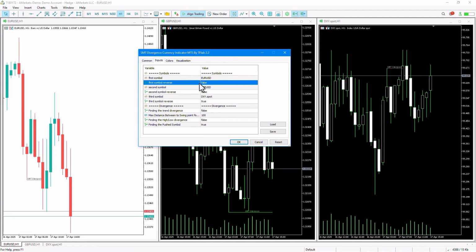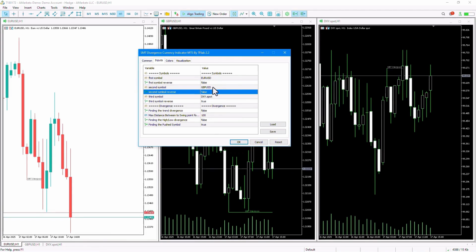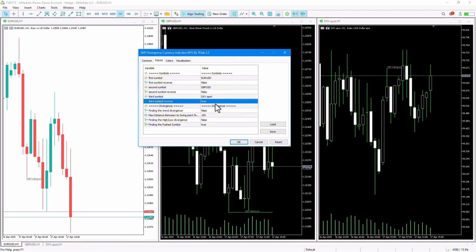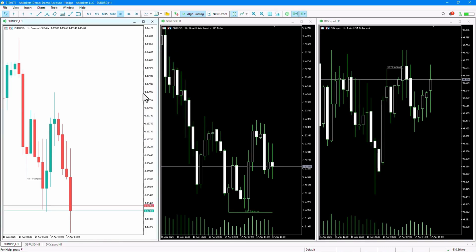In the next section, there is the symbol reverse option, which is inactive for EURUSD and GBPUSD, but active for DXY. The purpose of this option is to identify SMT divergence, which compares the three symbols together when we run the indicator on the chart.